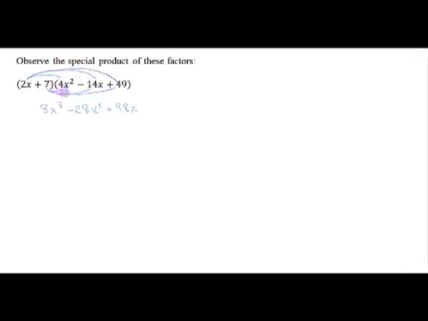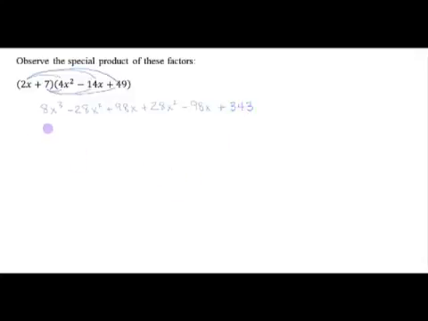Now I'll move to the 7 and multiply that through the second set of parentheses. 7 times a 4x squared is a positive 28x squared. 7 times negative 14x is a negative 98x. And 7 times 49 is a positive 343.